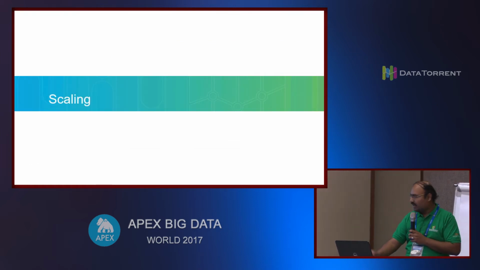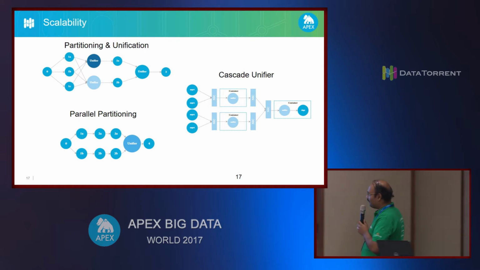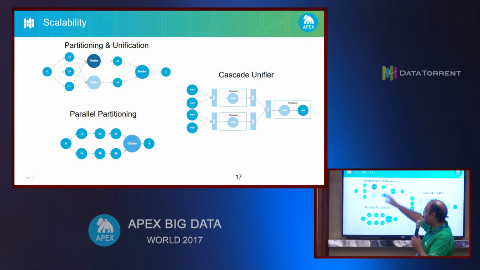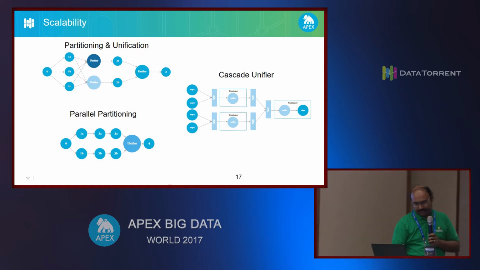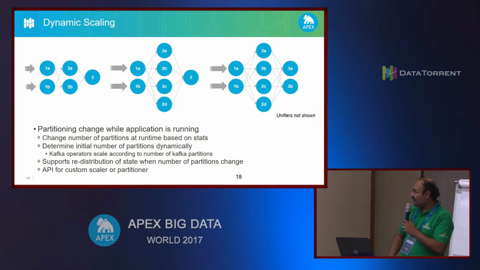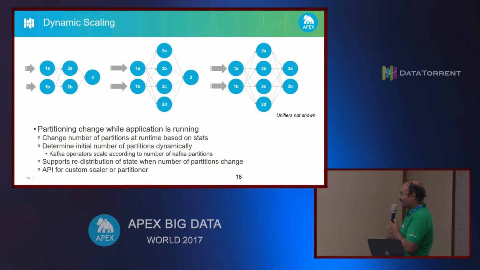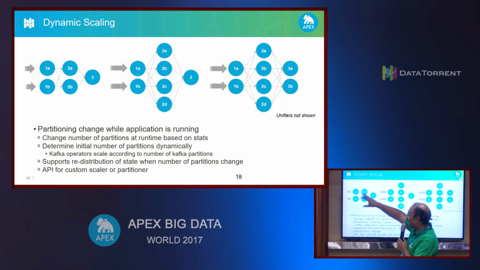Okay. So scaling, I talked about the different scaling options. Each stage of your logic can run in multiple processes, so it can process more data. And dynamic scaling as well. For example, let's say initially you start out like this. Stage 1 and stage 2 have 2 partitions each.